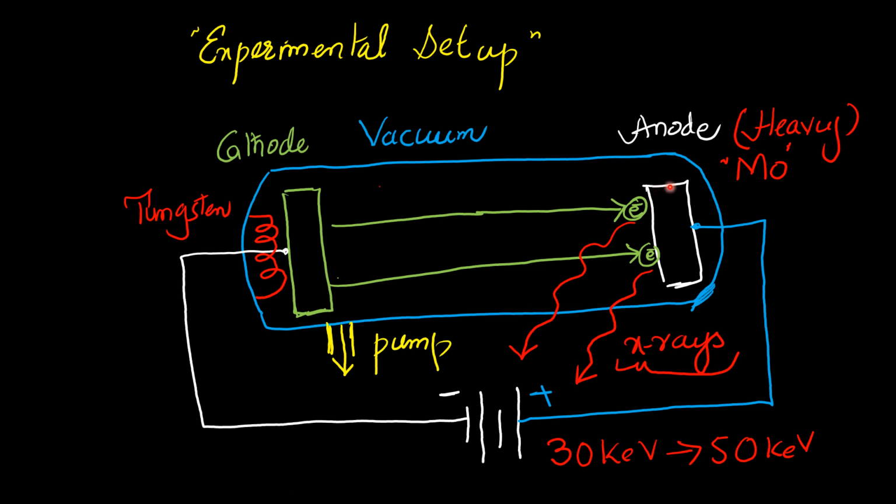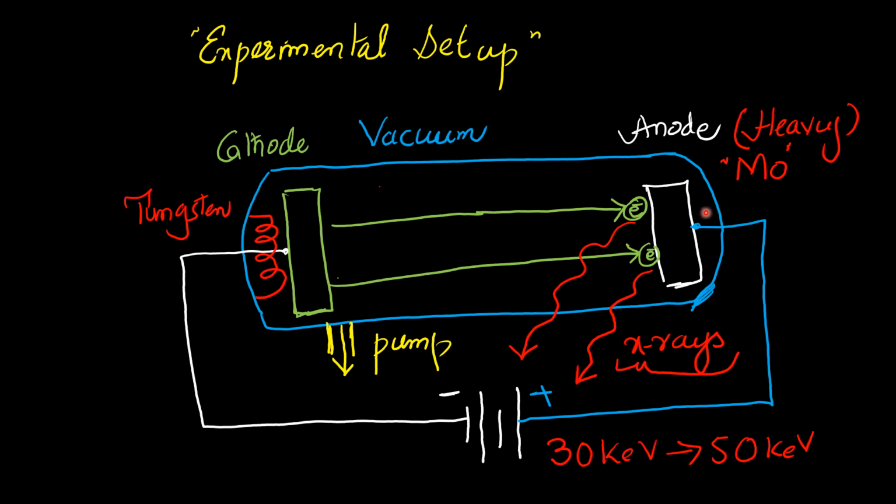Student, please keep in mind that whenever the electrons from the cathode with high energy are incident on the surface of the metal, in order to produce electromagnetic radiation in the form of X-rays, the binding energy of the electrons present at the anode must be less than the energy of the incident electron.